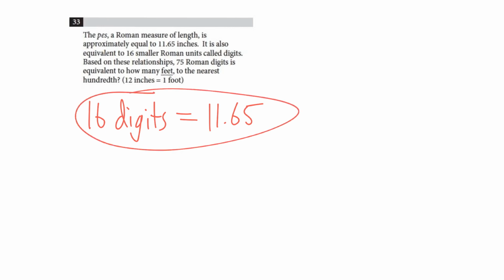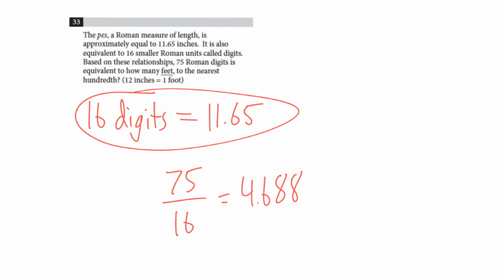Well, we've got 75 divided by 16. Okay, well, that's going to be, pull up my calculator here, 75 divided by 16. It's going to be equal to 4.6, I'm just going to round it to the 8, so we got 4.688. Okay. All right. So that's how many groups of digits we have.